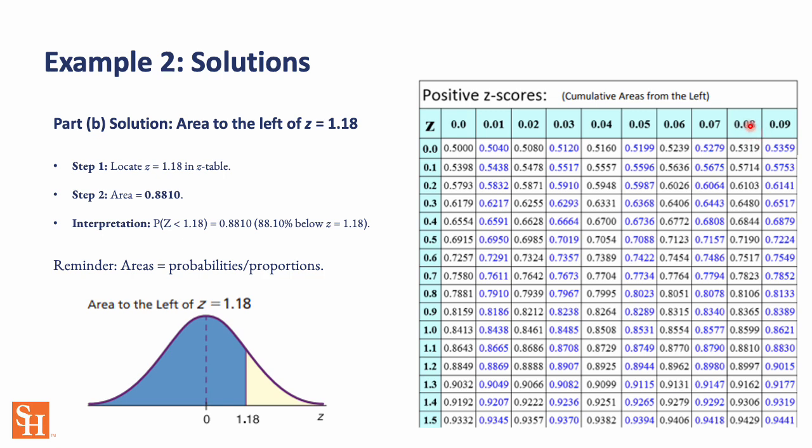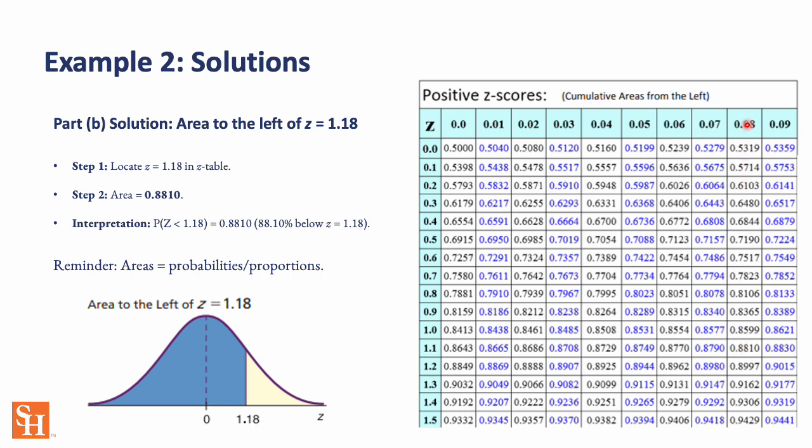So here we have 0.08, that means 1.1 plus 0.08, that is 1.18, right? So this value would be the area to the left side of 1.18.